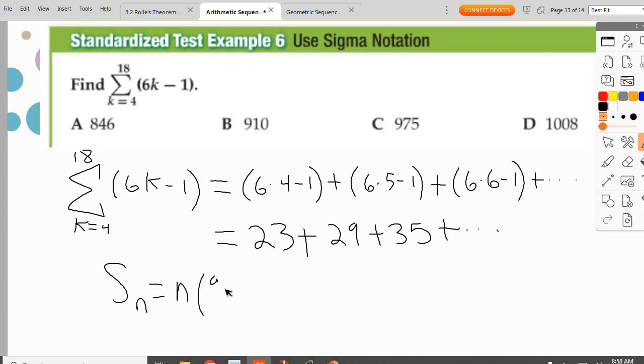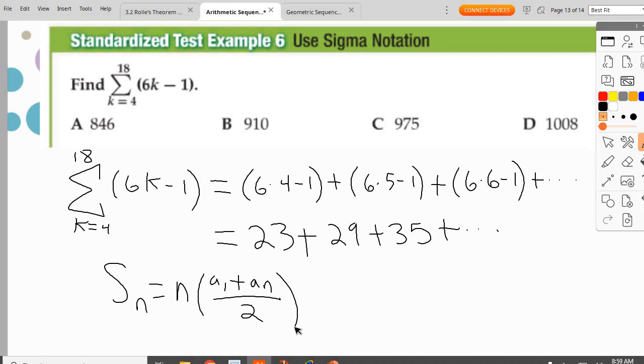So that is n times a sub 1 plus a sub n, divided by 2. Now, we got to think a little bit. How many numbers are we adding together from 4 to 18? 15. Because how many numbers are between 18 and 4? 14.